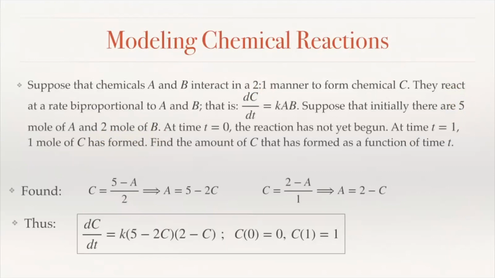So as this chemical reaction progresses, at most 2 moles of C will be formed, and then there will be some A left over, because there's 5 moles of A, and only 4 of those will react. 4 of the 5 moles will react with 2 moles of B in that 4-to-2 manner, which is the same 2-to-1 manner as there. So the point is that the amount of C should be approaching 2 moles.